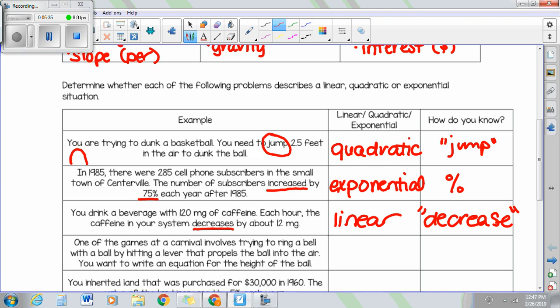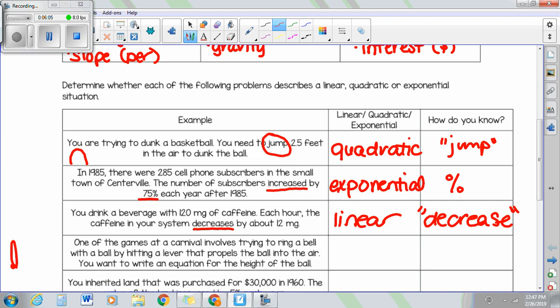The fourth one says one of the games at a carnival involves trying to ring a bell with a ball by hitting a lever that propels the ball into the air. You want to write an equation for the height of the ball. I don't really see any hint words in here, but I'm going to think about what the motion is that we're looking at. If you think about it, it's one of these guys. The ball starts down here, you hit this little lever, and the ball goes up, and then it comes back down, and maybe it'll hit the bell at the top, maybe not.